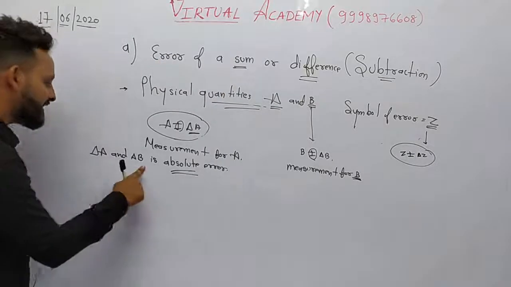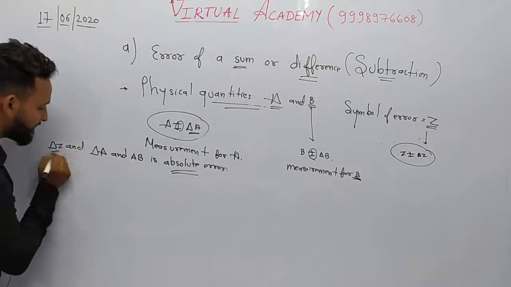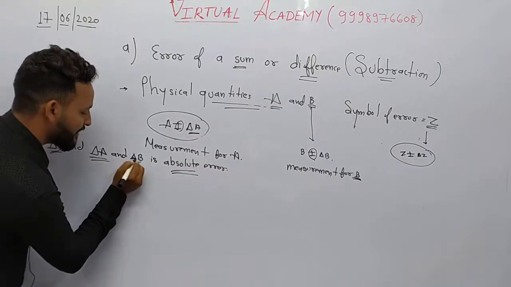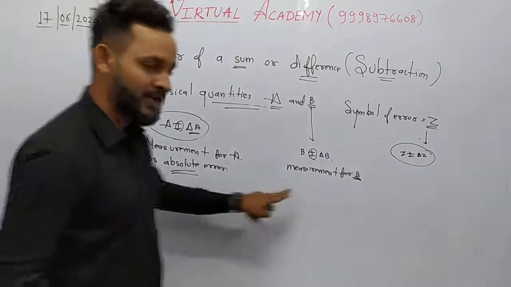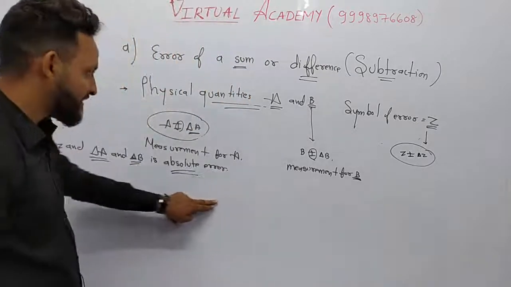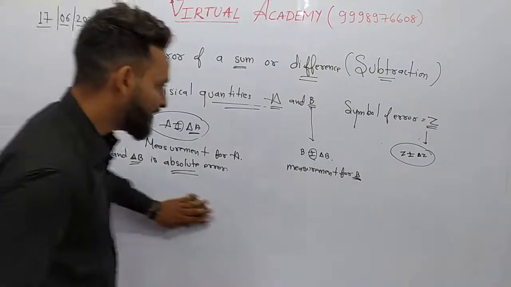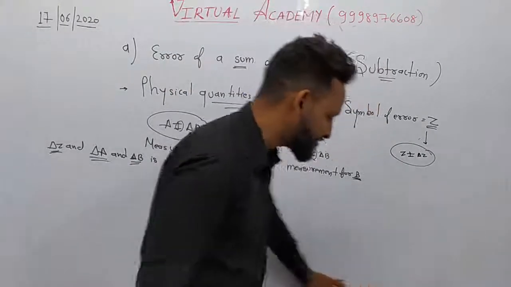So delta A, delta B, delta Z. Delta indicates what? It's the absolute error. Clear, student? Is your concept clear after studying that? Any doubt? If anyone has any doubt, then you can ask me the question first.